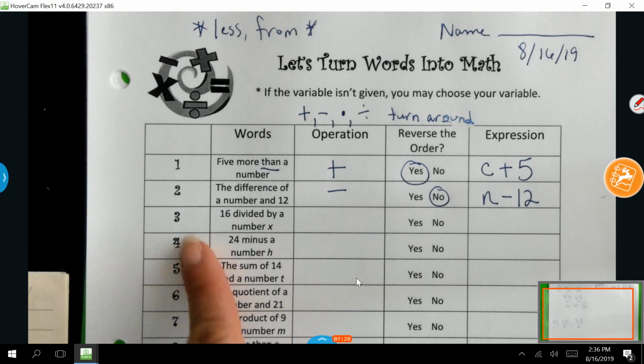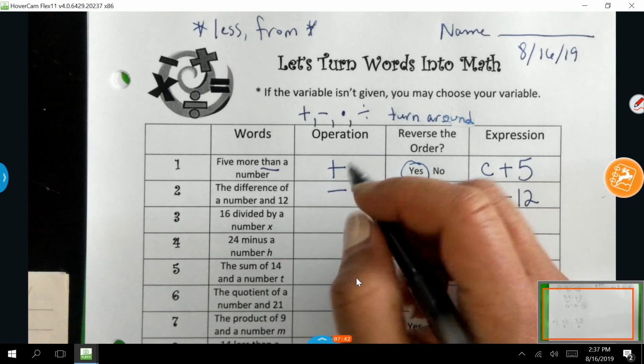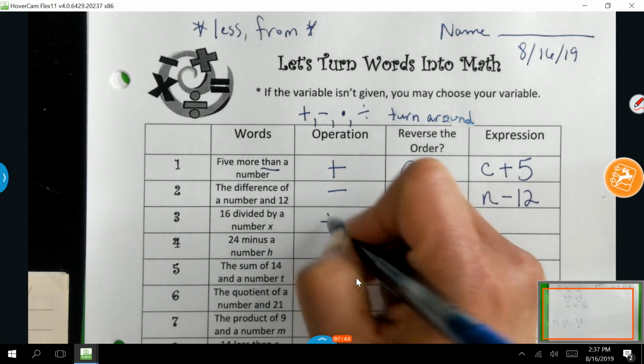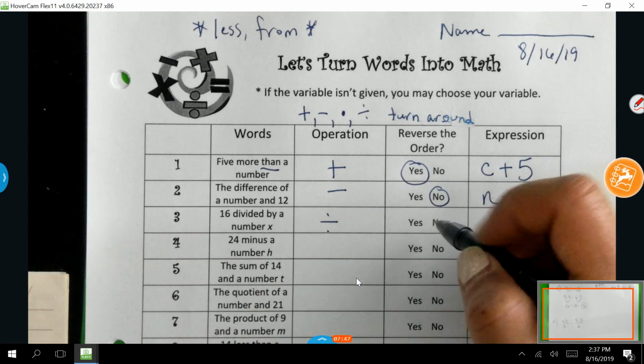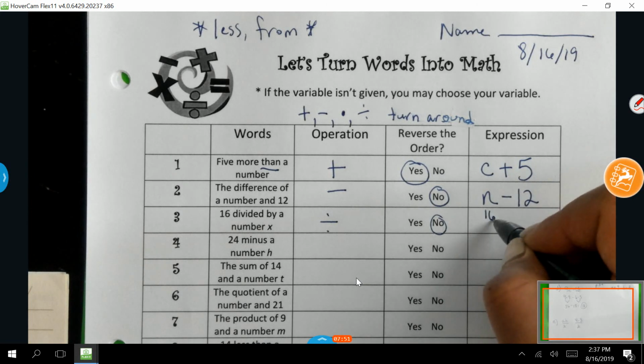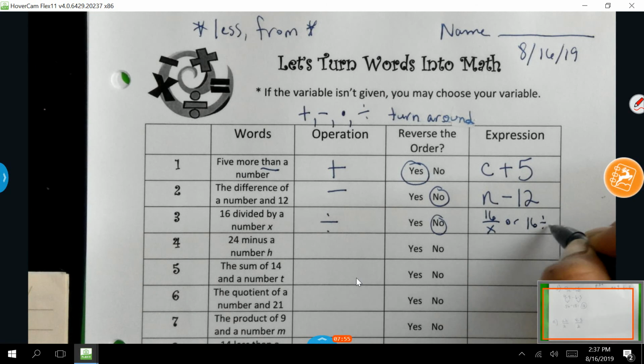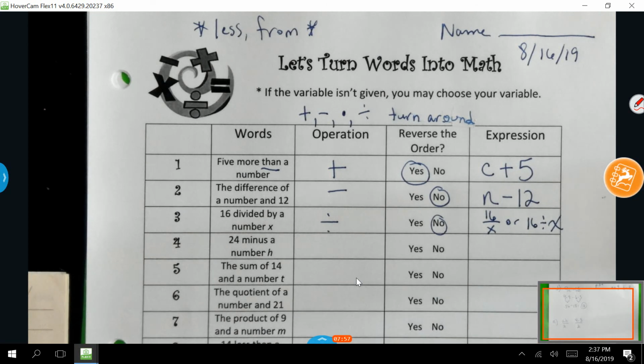But see, now when you get to number 3, it tells you what variable to use. 16, this one's really obvious, divided by a number x. If you don't make up a number, they tell you to use x. So what operation is this? Division. There is no than or from, so no. And you can do it in this order. 16 over x or 16 divided by x.